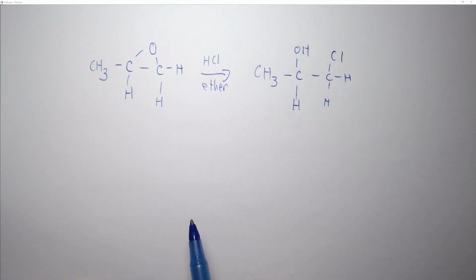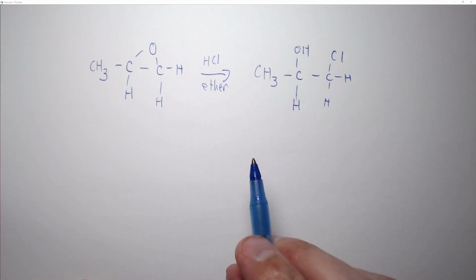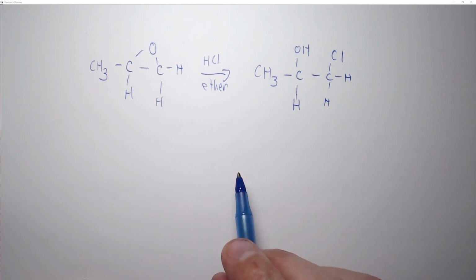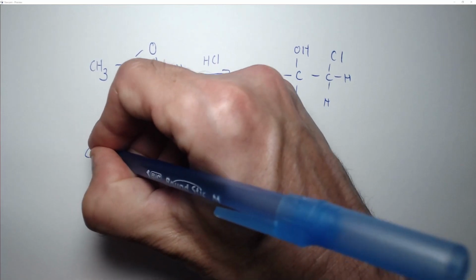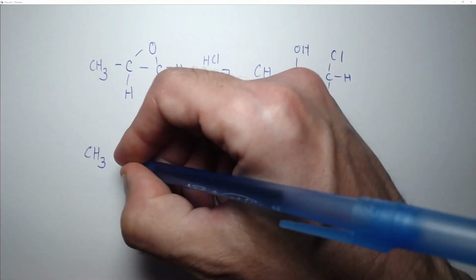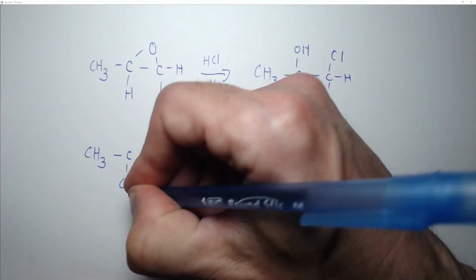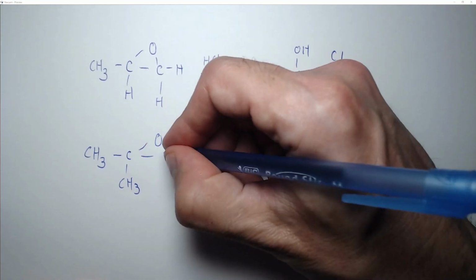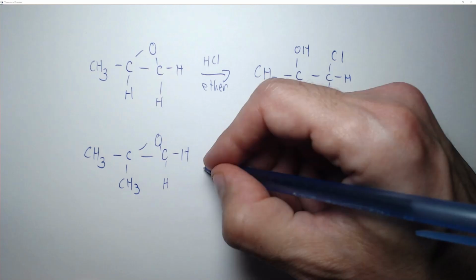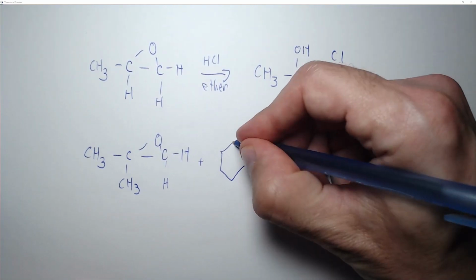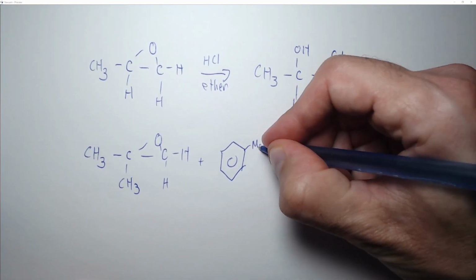Now in the next one, let's look at an example where we have a primary and a tertiary reacting with a large Grignard. So here we have CH3, C, CH3, O, C, H, and our Grignard here is phenyl magnesium bromide.